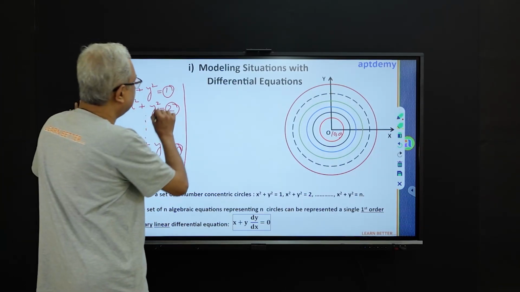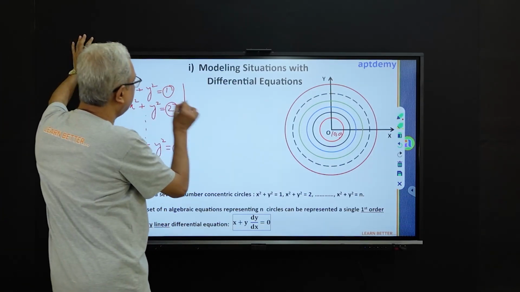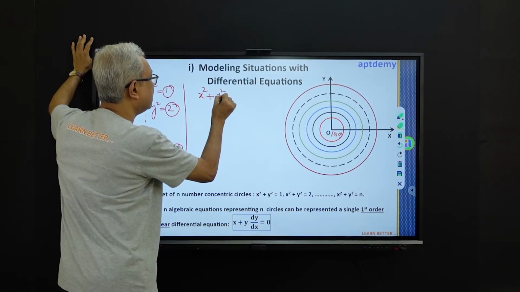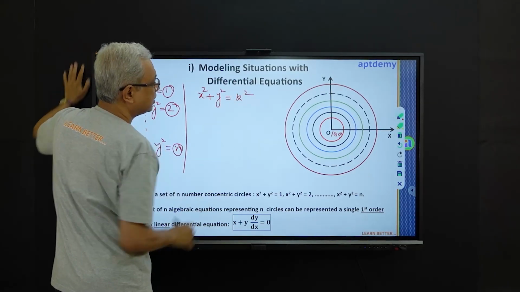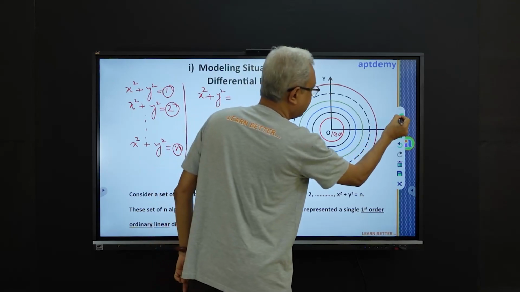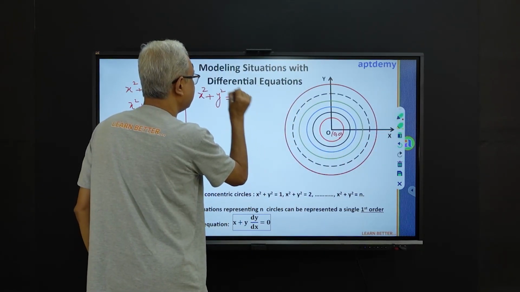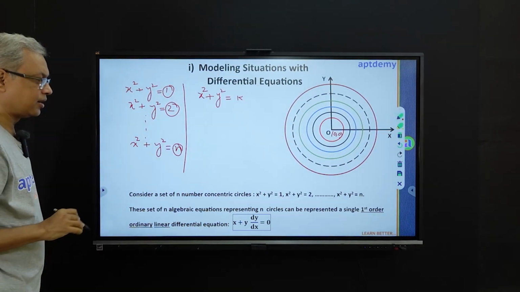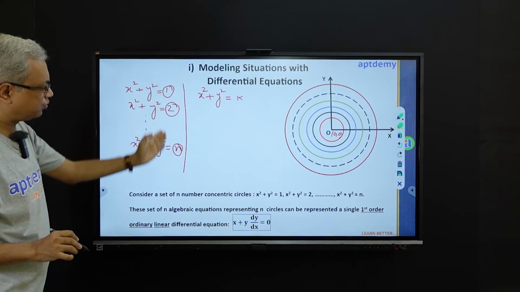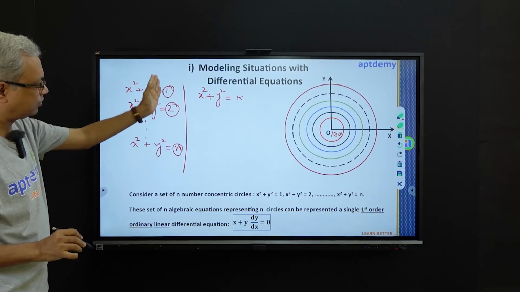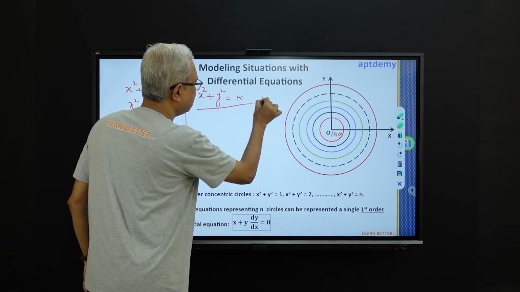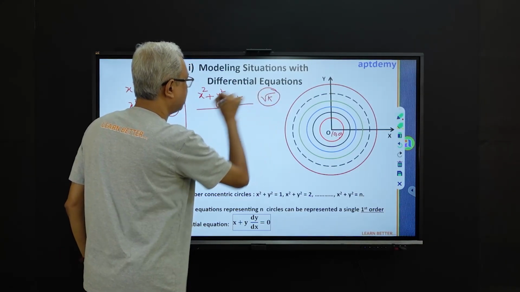But irrespective of the radius, I can write an arbitrary general circle as x square plus y square equal to k, where k is an integer. We have chosen circles such that the right hand side of the equation of the circles is an integer. So for the k circle, its radius is square root of k.